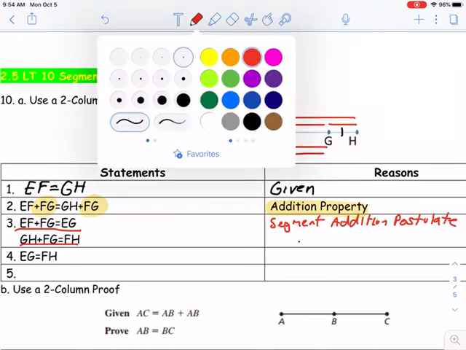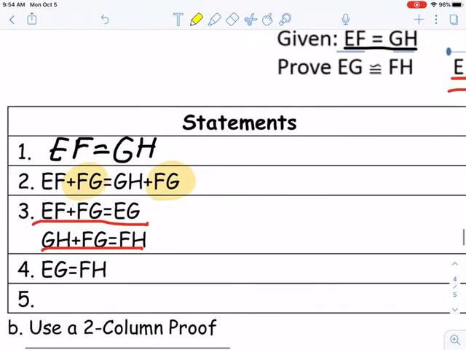Now, this next one's a doozy. Why? Look at this. We'll use yellow so it's not too overwhelming. But we have EG is equal to EF plus FG. Well, EF plus FG is right here. So we got a bunch of things that are equal to each other. Sometimes we can also think of transitive as just a train of statements.